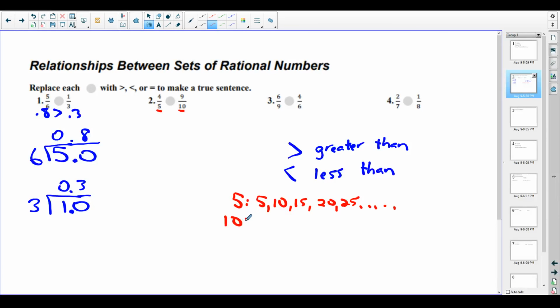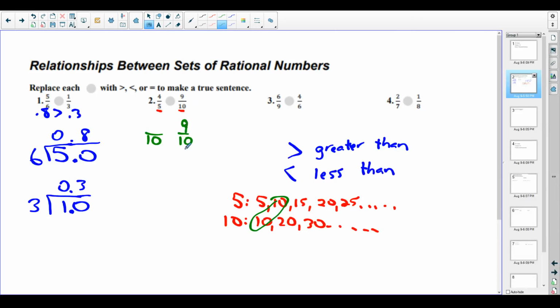Then my multiples of 10: 10, 20, 30. And we say, is there anything that they have in common? And there's 10.